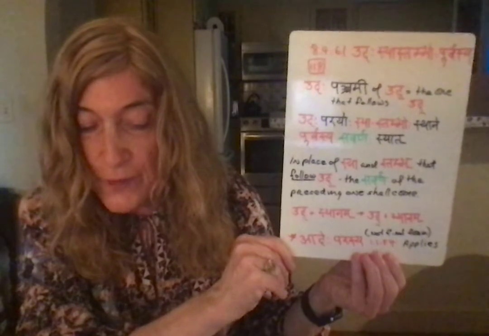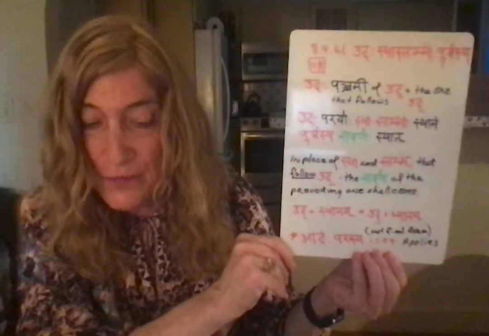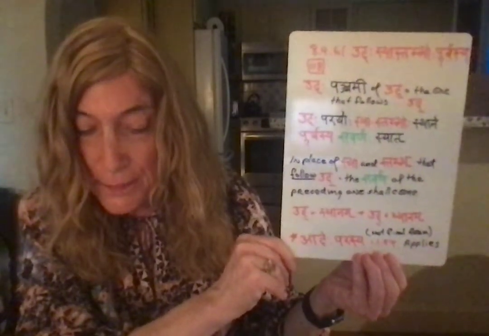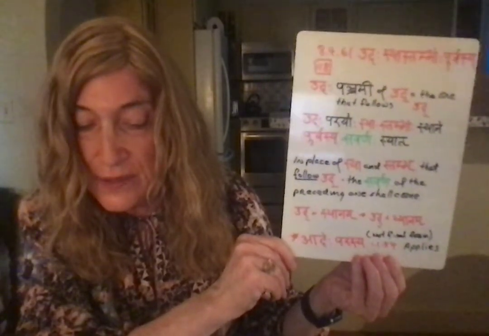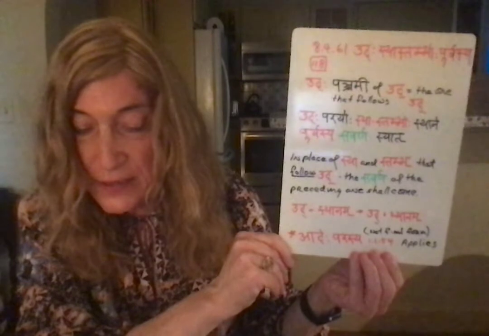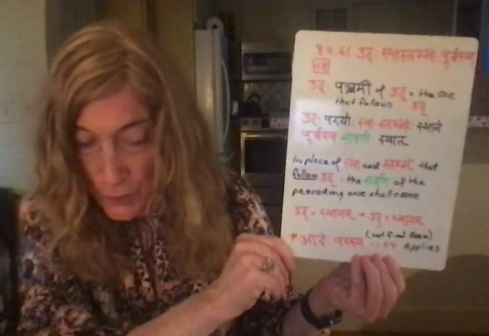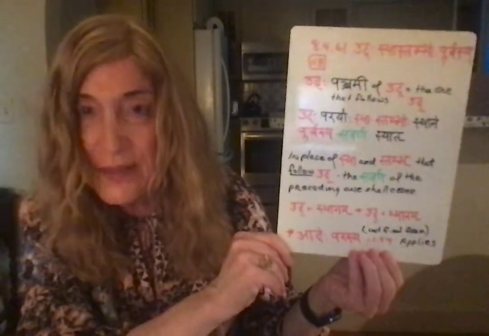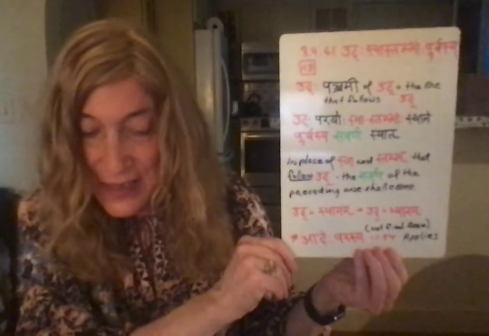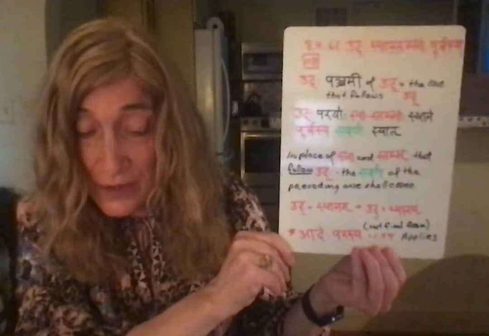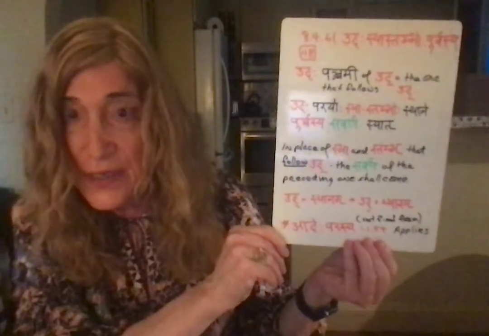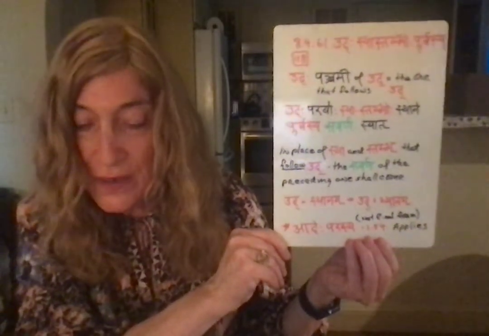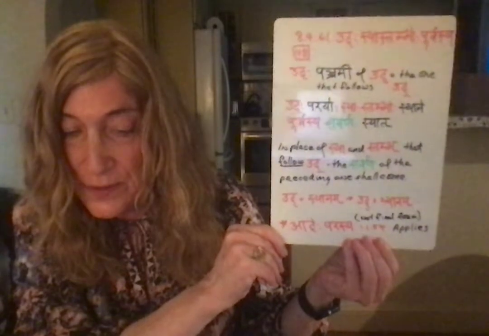So if we have the example of ud plus sthanam, in place of stambh, or stha in this case, which is following ut, the savarna of the preceding one comes.